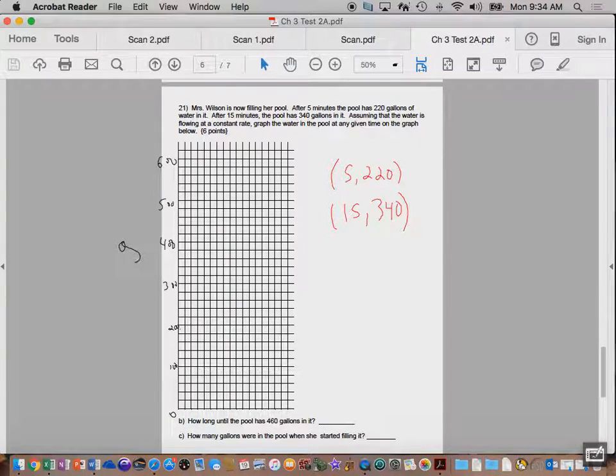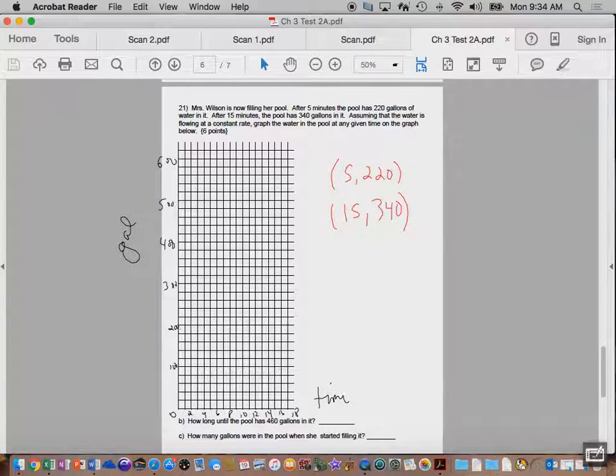And this is going to be gallons. Over here is going to be time, and this is reasonable numbers, right? So this is 2, 4, 6, 8, 10, 12, 14, 16, 18.